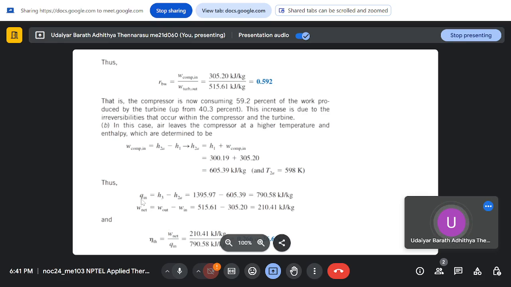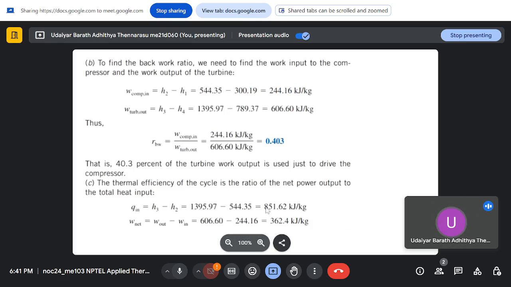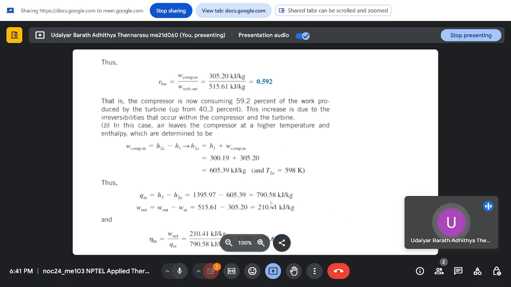Q in is H3 minus H2a, which comes out to be 790.58 kilojoule per kg. Previously it was 851.62. Here, because of the irreversibility in compression, you have much more energy put into the fluid, so that causes a reduction in heat added, so 790.58 kilojoule.